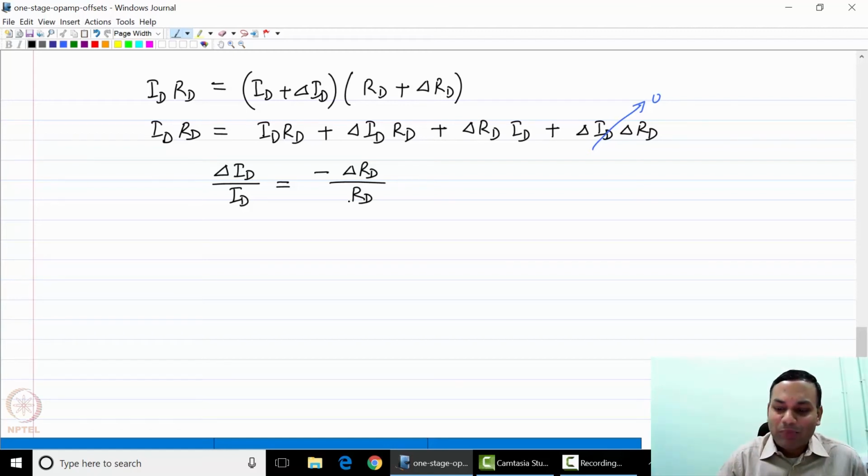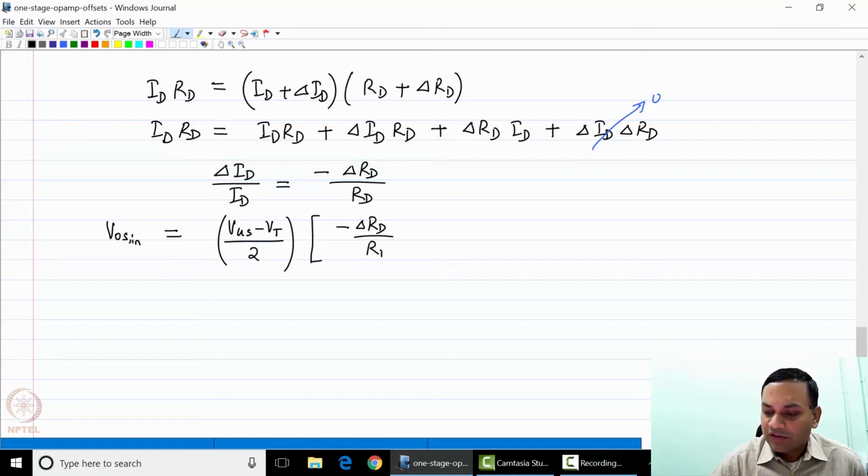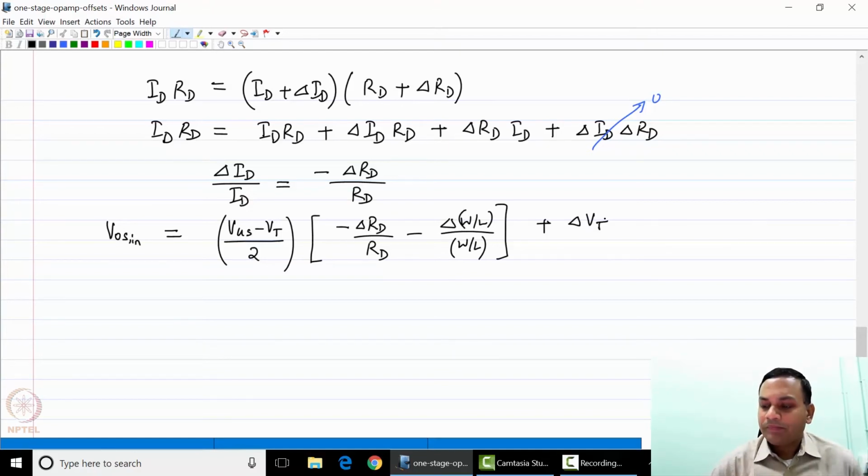So now let us go back and plug this in to look at the actual offset voltage of the differential amplifier. So clearly the offset voltage is this expression here. So there are several things to note here.